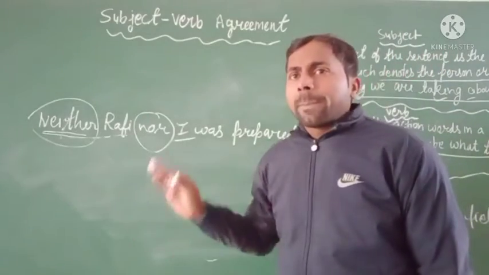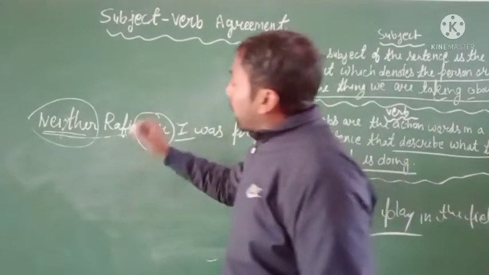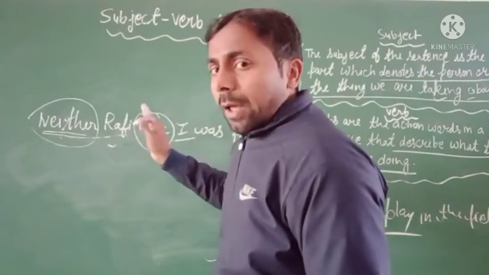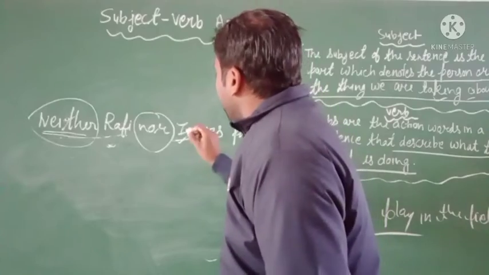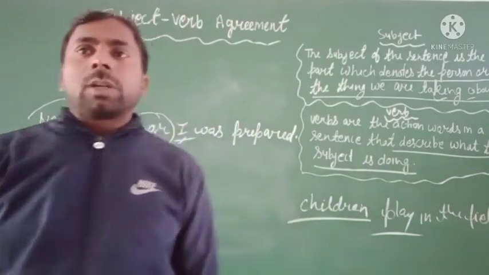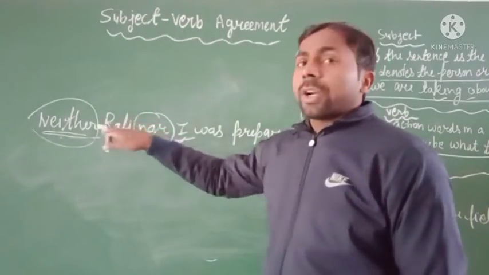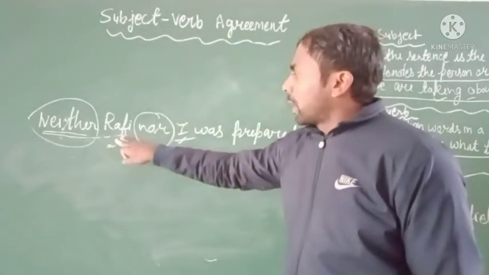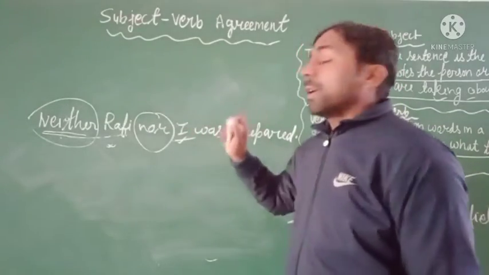We have to use only one subject, Rafi or I. So you always use a singular number verb when the two subjects are both singular. Here Rafi and I are both singular, then you always use the singular number verb.